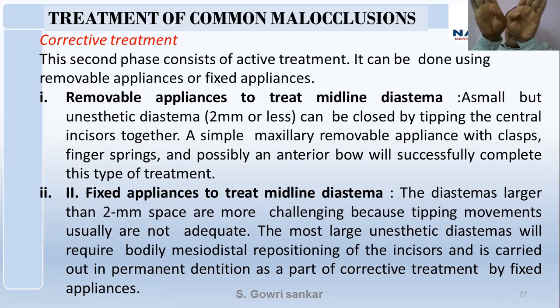The tipping is like this, closing the midline diastema. If you tip with a larger amount of space, can you see the triangle area here? The triangle area remains. These are called black triangles. That is not a suggested mode of treatment, so fixed appliances are the acceptable method.